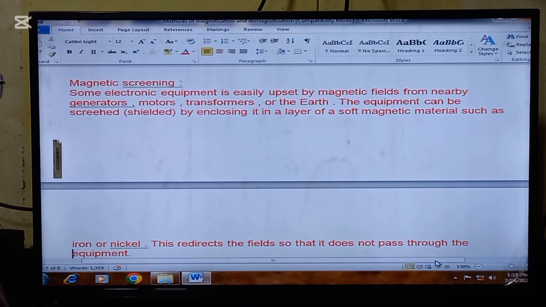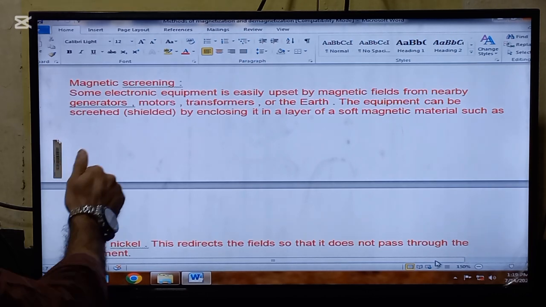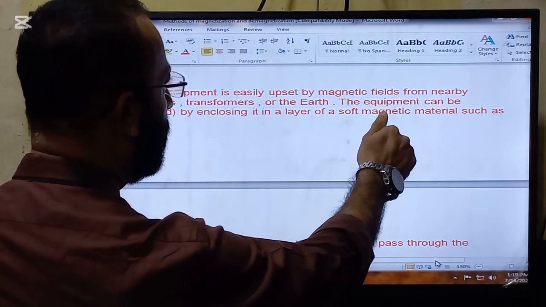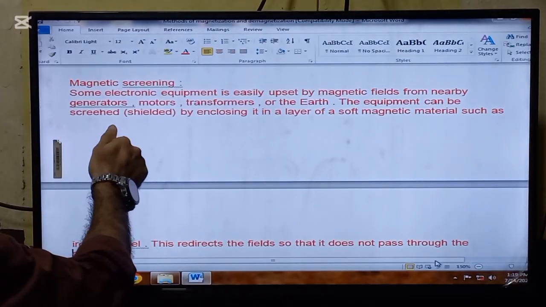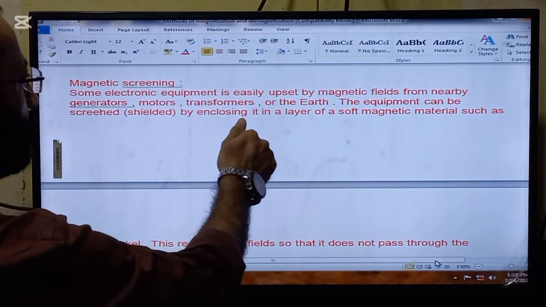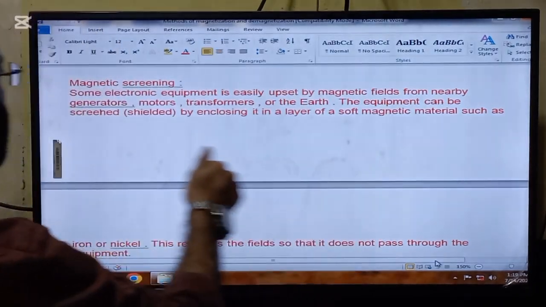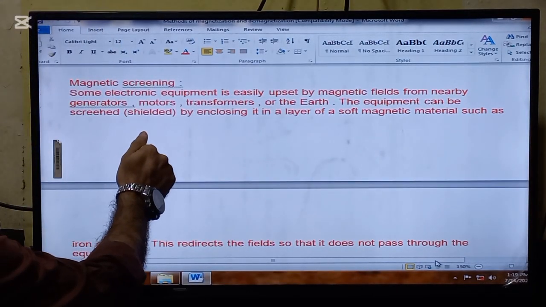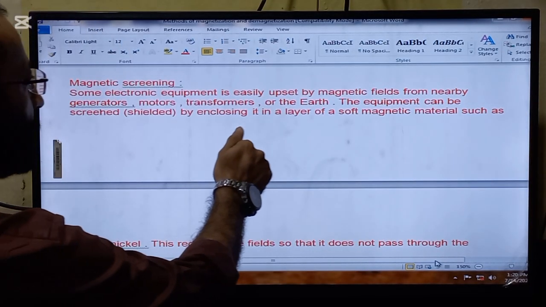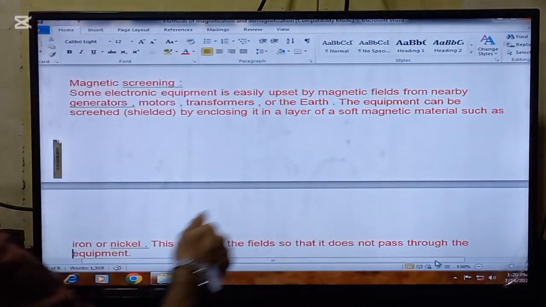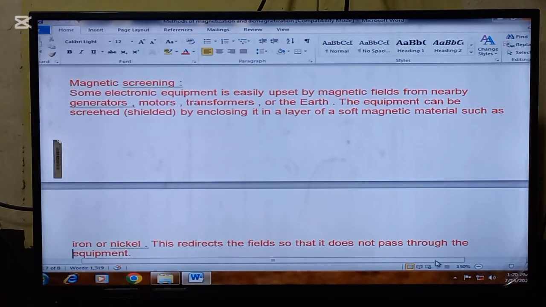Here is another very important small topic in the lecture, that is magnetic screening. Some electronic equipment is easily upset by magnetic fields from nearby generators, motors, transformers, or the earth. The equipment can be screened, that is called shielded, by enclosing it in a layer of a soft magnetic material such as iron or nickel.